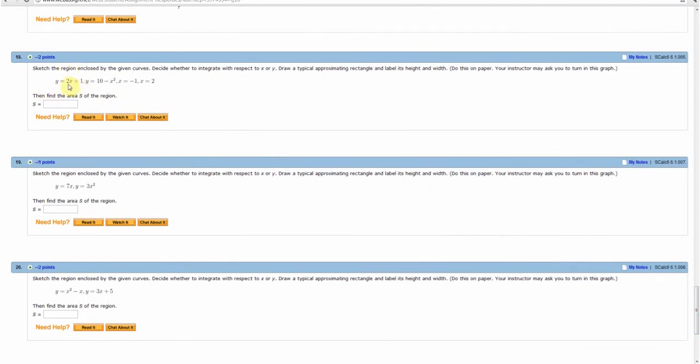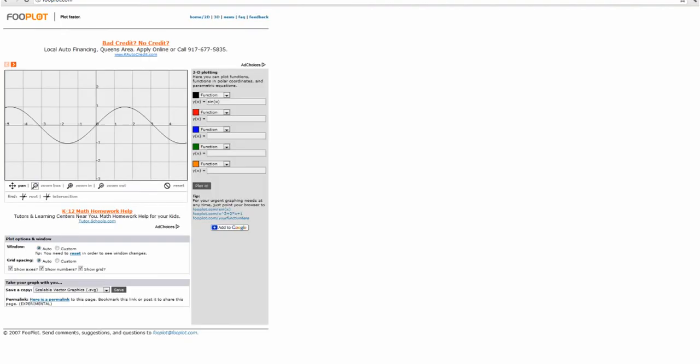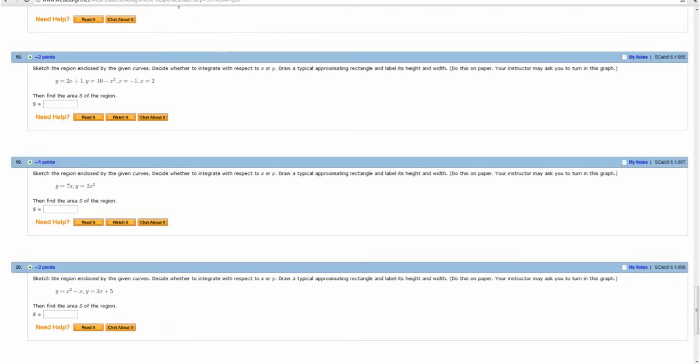It's giving us a line, 2x plus 1, and then there's another line. If you don't know how to graph these things, go to some kind of graphing website. I like to use Fooplot, but it doesn't work with Internet Explorer. So if you only have Internet Explorer, then maybe you want to use another website like Wolfram Alpha.